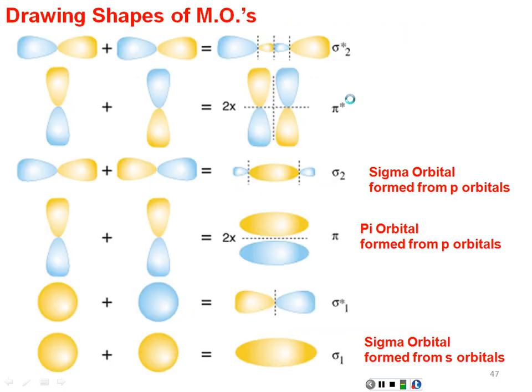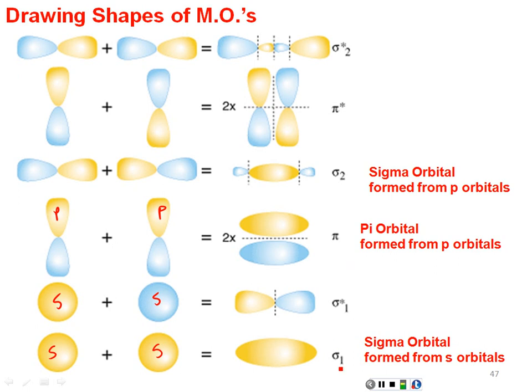Now, I think it's easier to look at in color. Here is a good picture that shows all the molecular orbitals that we're going to be concerned with. We have the interaction of s orbitals and p orbitals.